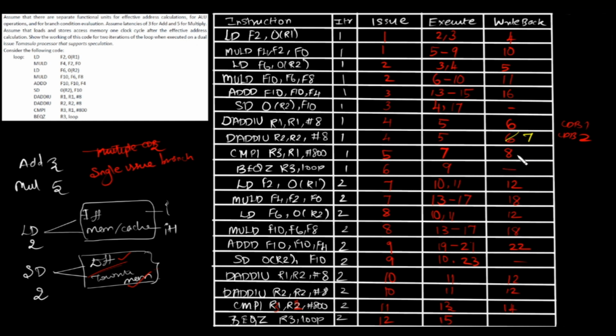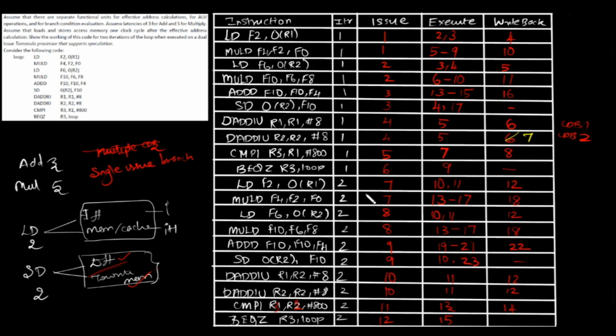So we stall it for a cycle and then perform the write. Even though this is stalled, it doesn't affect our compare here, because compare depends only on R1. So we don't have a problem.